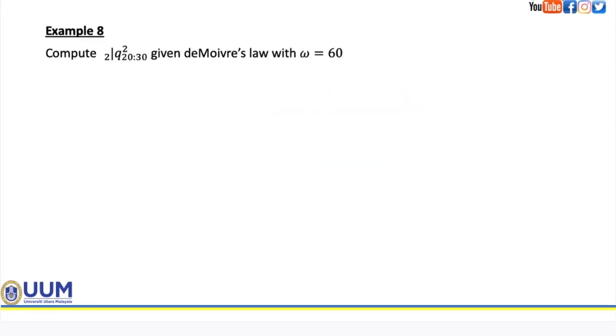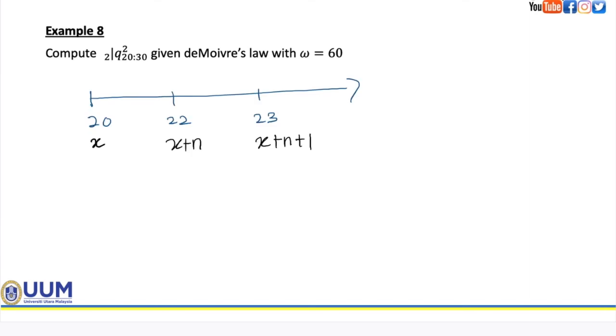Example 8. Compute the probability that x dies second in n plus 1 years. So here it is in the third year. If you draw the timeline, dies second within this year, the third year.